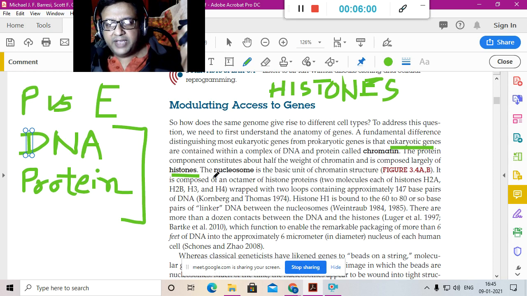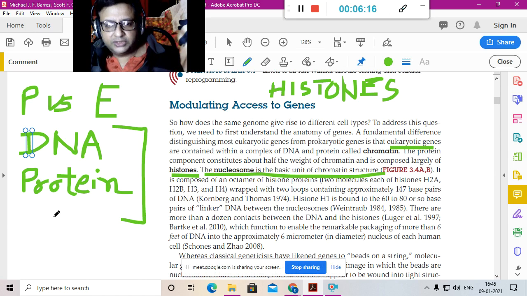And then we have a structure called the nucleosome, which is the basic unit of chromatin structure. And the nucleosome is made up of an octamer of histones.